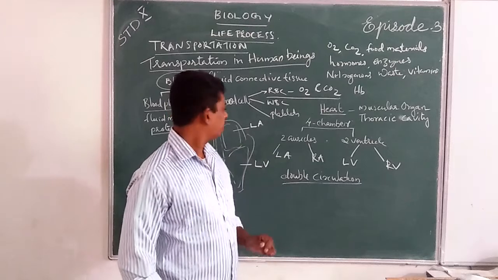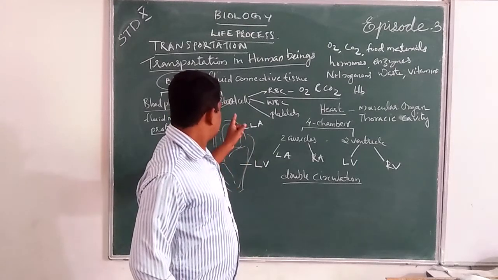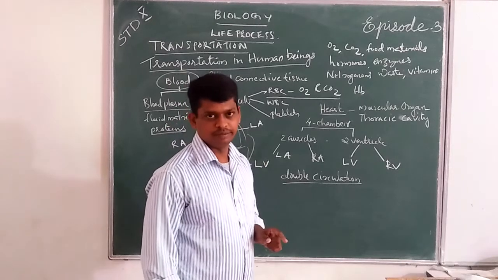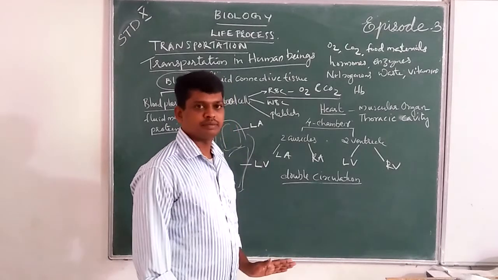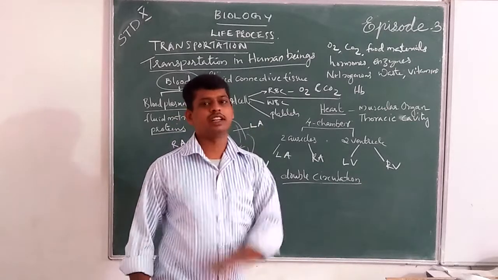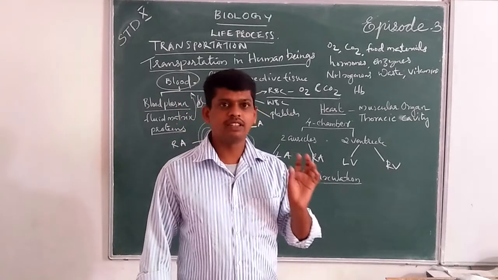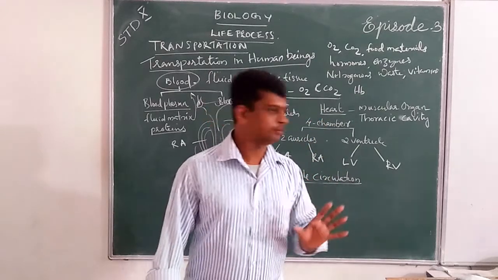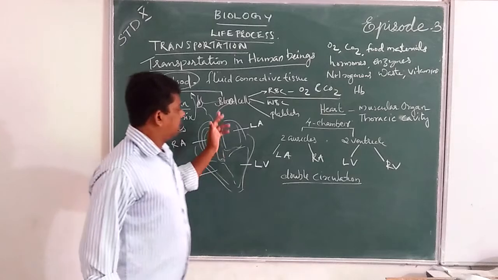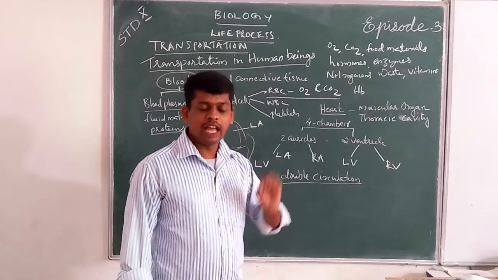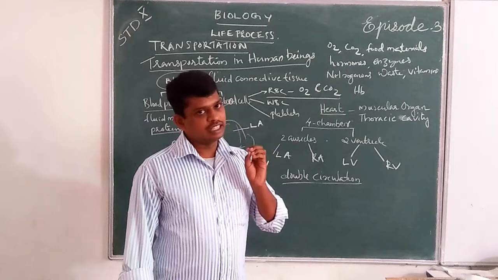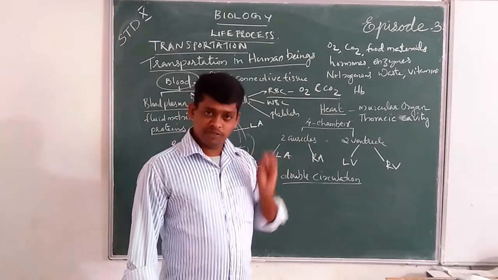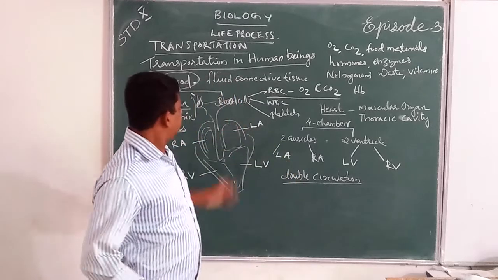Sometimes the left atrium and left ventricle carry deoxygenated blood, and that causes heart failure. Look, the oxygenated blood, that means pure blood, comes from the lungs.